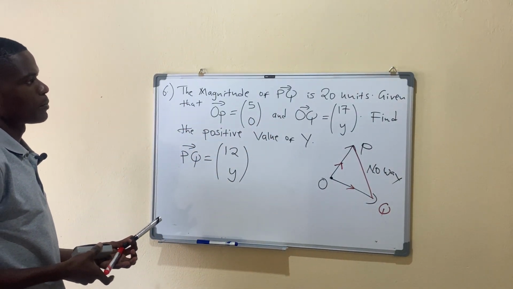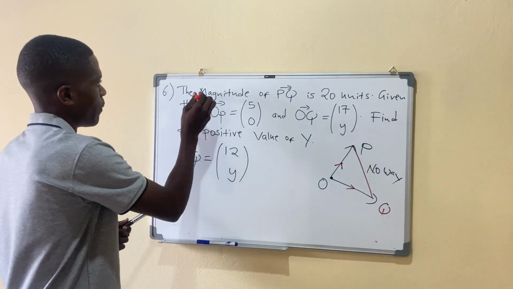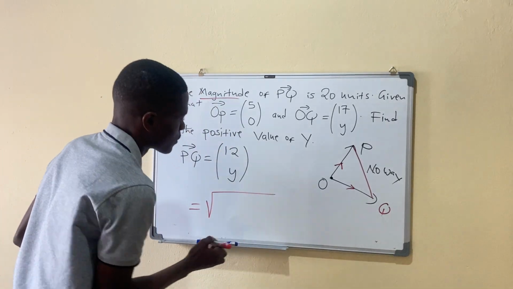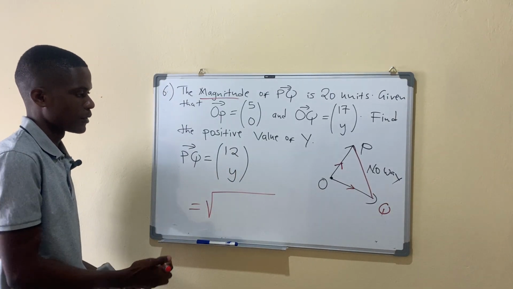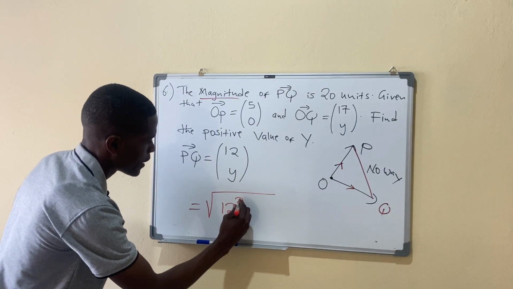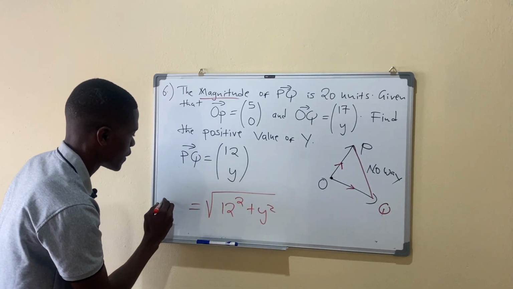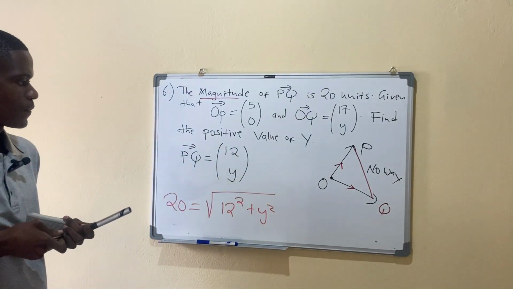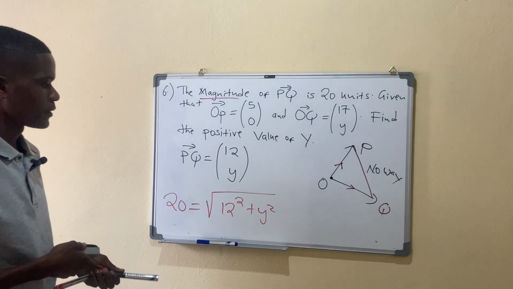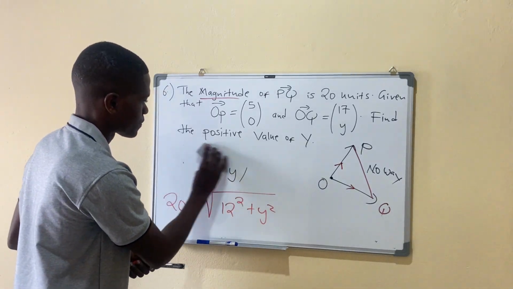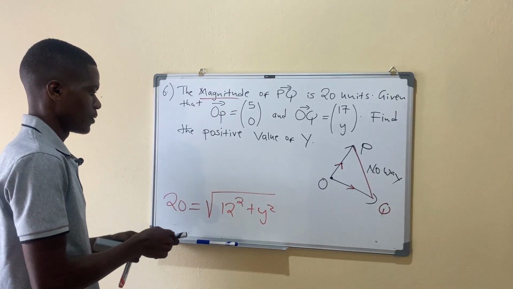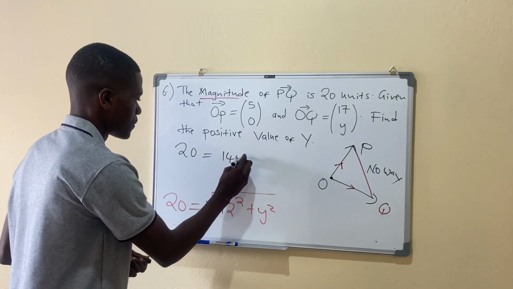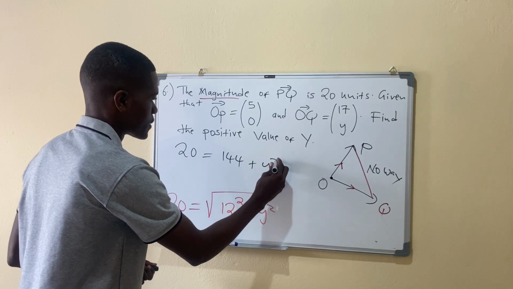Now, there's a concept that has been introduced in the question which we call the magnitude. The magnitude is given as the square root of the x value squared plus the y value squared. So that would be the square root of 12 squared plus y squared. This should give us 20, as given in the question. 12 squared is 144 plus y squared.